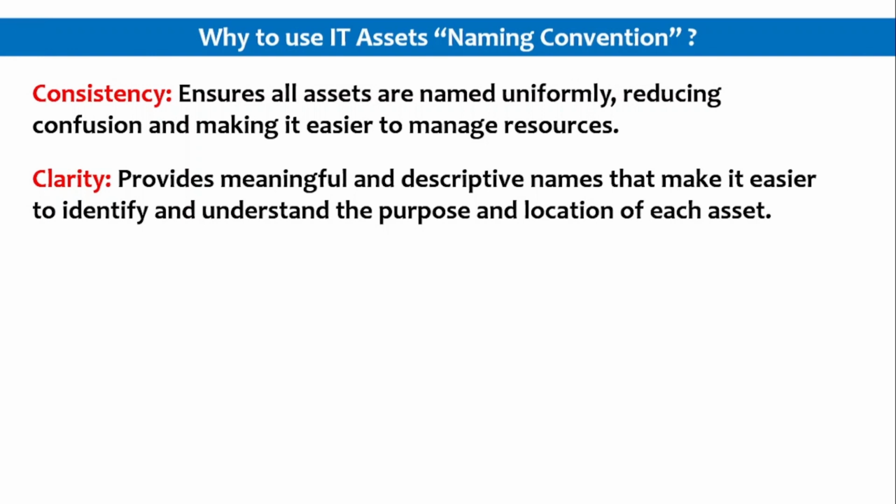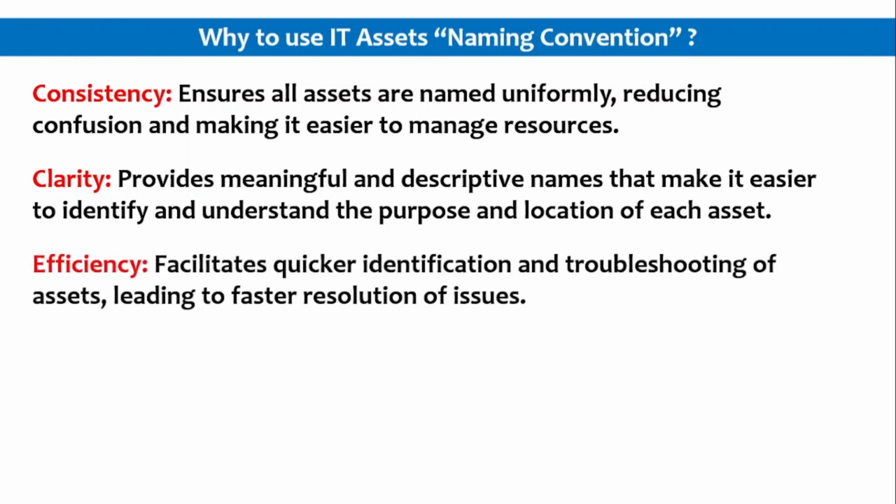Clarity. Naming convention provides meaningful names, which makes it easier to identify and understand the purpose and location of the asset. So just by names we can understand where that asset belongs to and what is the purpose of that particular asset. The third is efficiency.